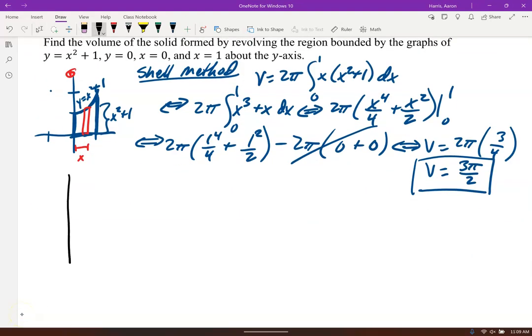Now let's draw this same region, y equals x squared plus 1, with x equaling 1. We're going to spin this about the y-axis. So this time, here's y equals x squared plus 1. We have to do a perpendicular cut, right?